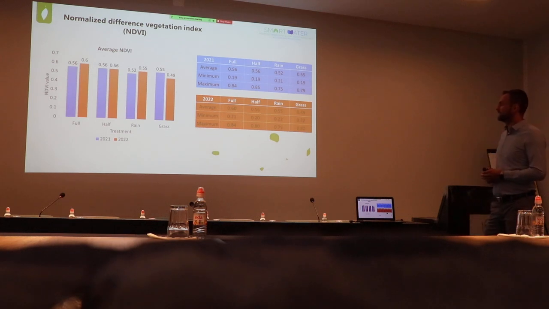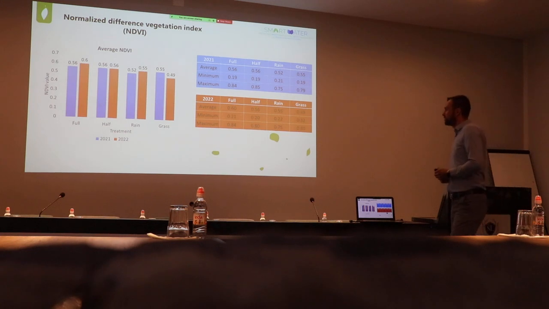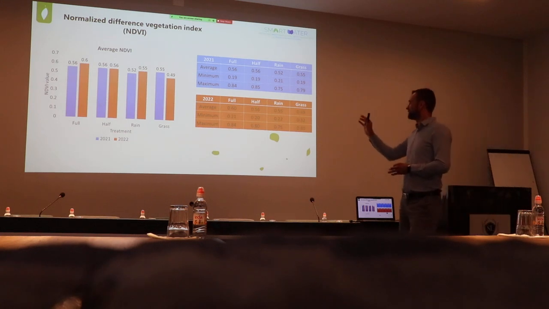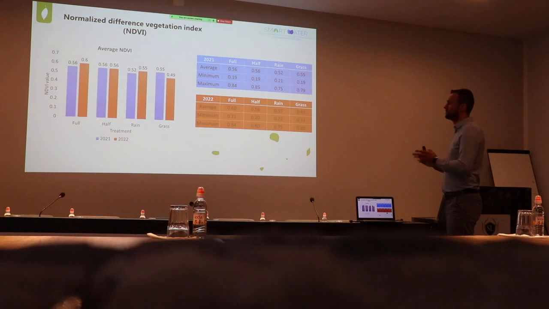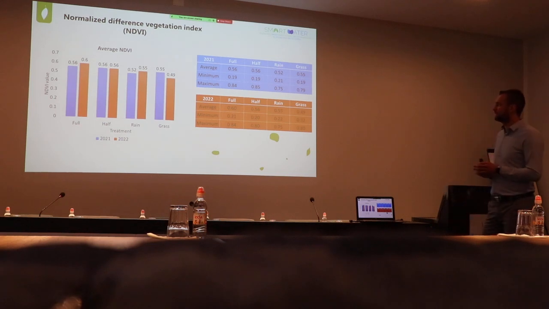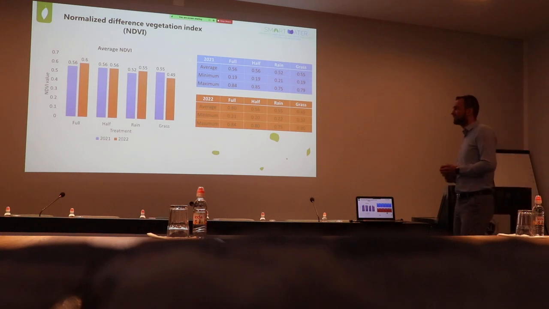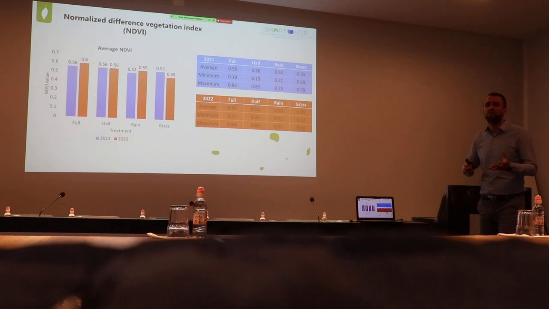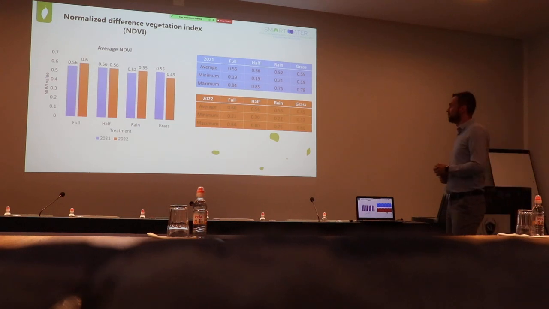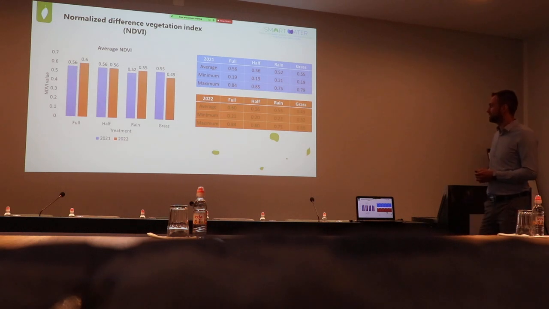And on the figure, you can see a little bit of difference between the two years. Not too much, but a little. Most of them were higher in 2022, one of the reasons being more precipitation in 2022.